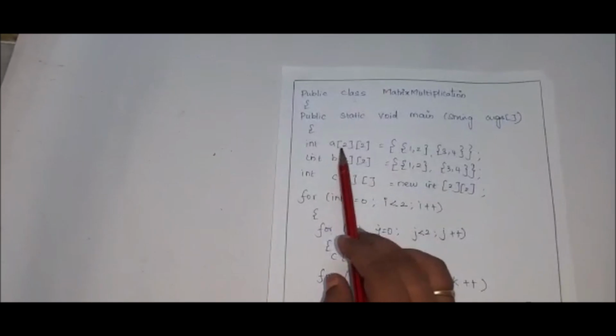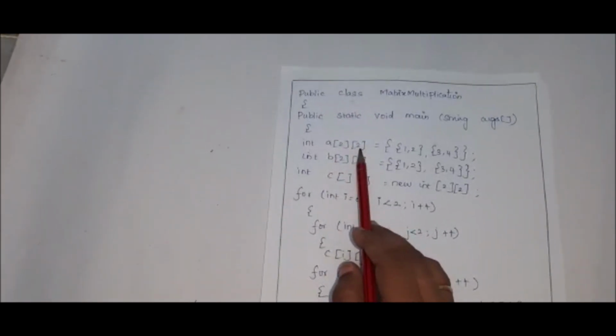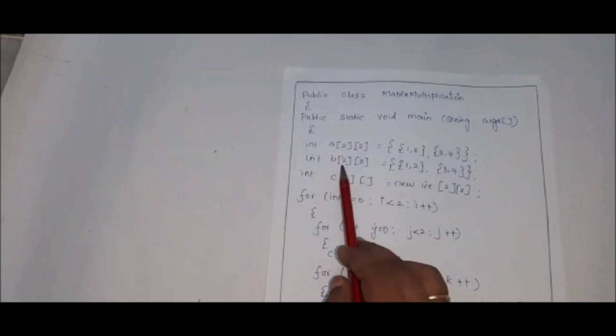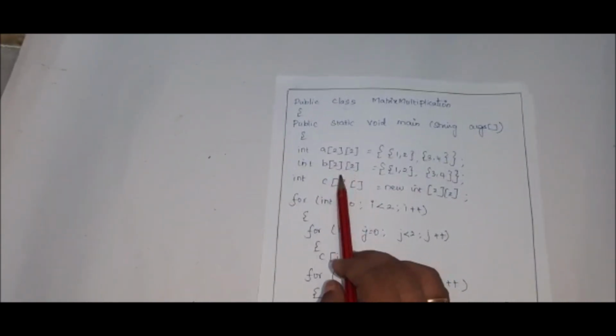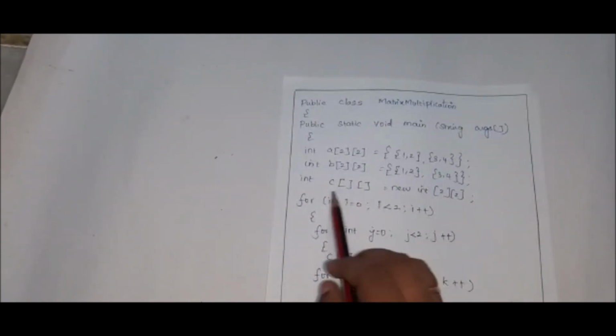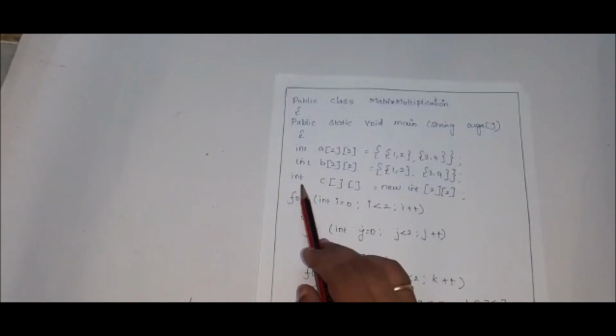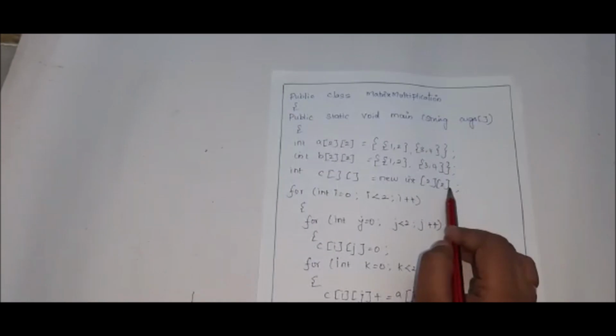Here, first we are initializing the first matrix A with the size of 2 cross 2. Then we are initializing the second matrix B with the size of 2 cross 2. The order of the resultant matrix is 2 cross 2, so we are initializing the resultant matrix as C with the size of 2 cross 2.